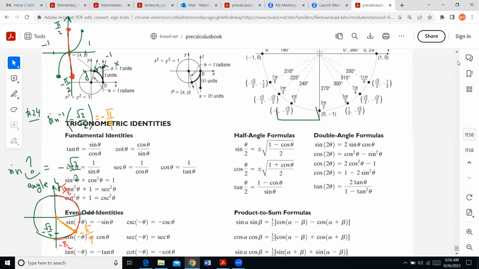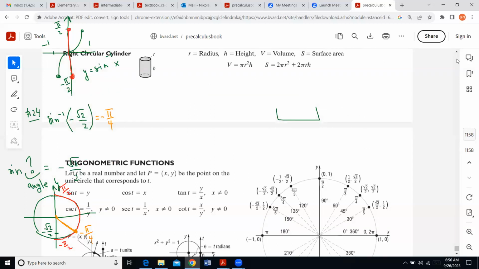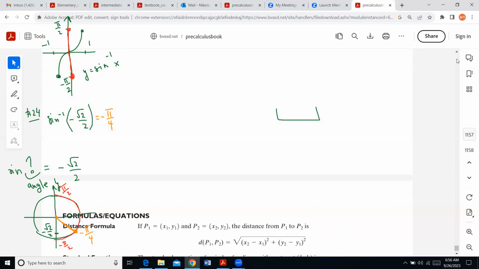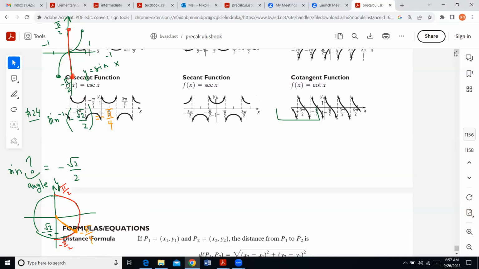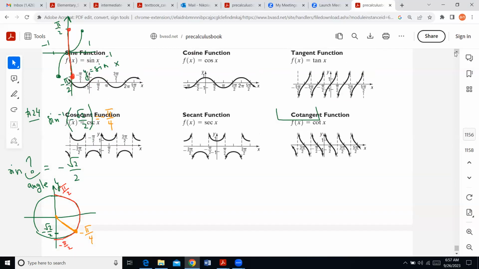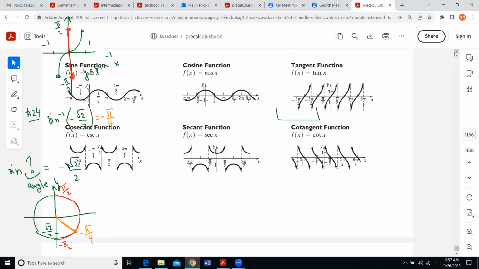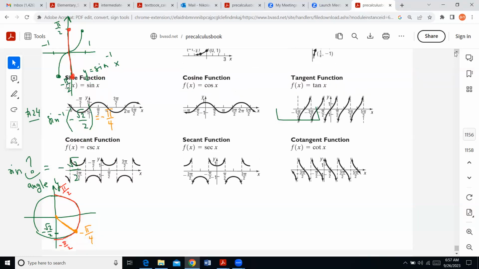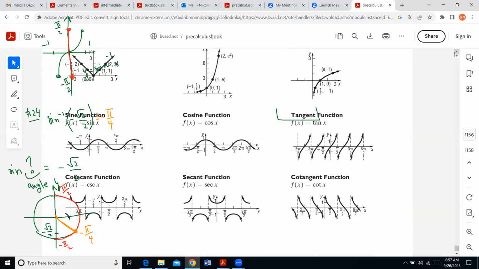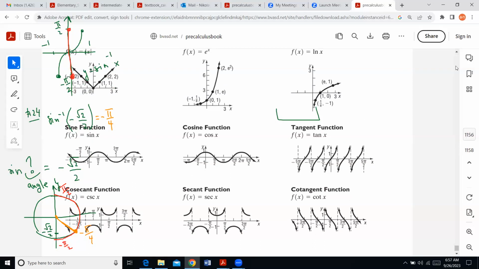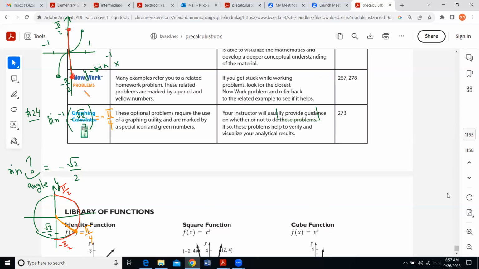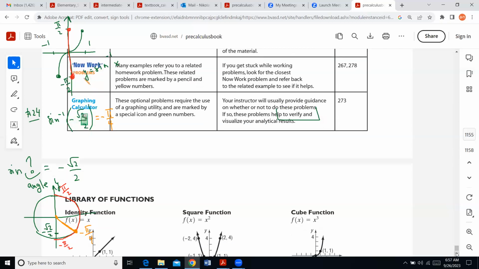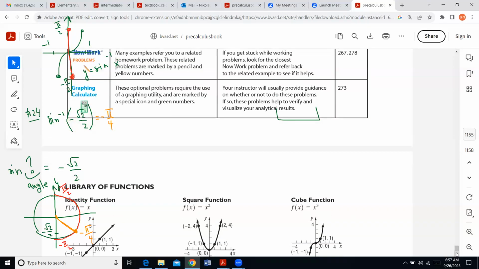So if I look at these last pages, then I'm going to see the circles and everything else. And there is some other stuff here, which gives us trig functions: sine, cosine, tangent, cotangent. And so they really like this summary, and I like it too, the library of functions. The only thing is they didn't put arc functions here for some reason.